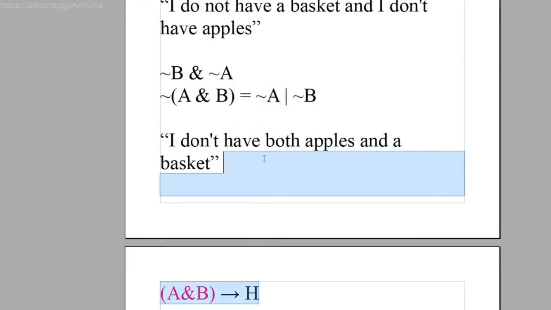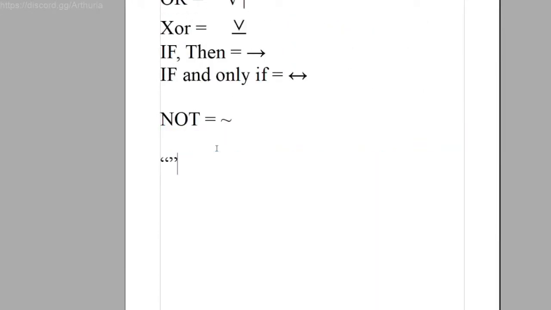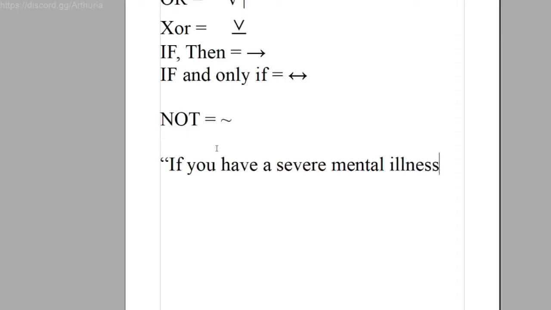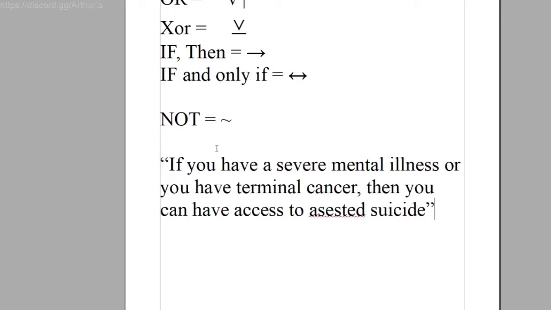So not only applies to that. So let's do a little example, maybe an ethical example. If this is like the euthanasia topic, if you have a severe mental illness, we'll say, or you have terminal cancer, then you can have access to assisted suicide, for example.